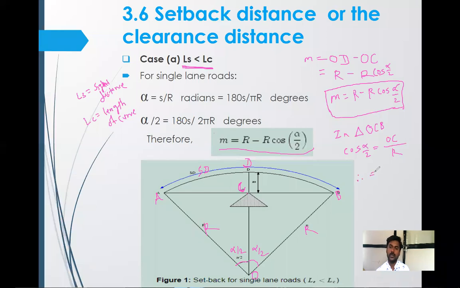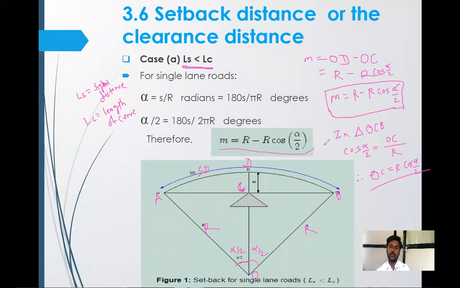Adjacent side divided by radius. Therefore OC is equal to R cos alpha by 2.